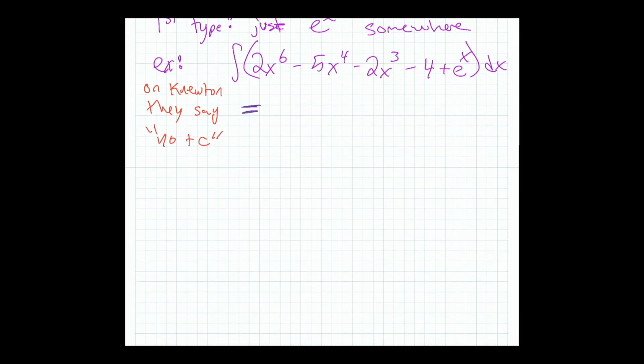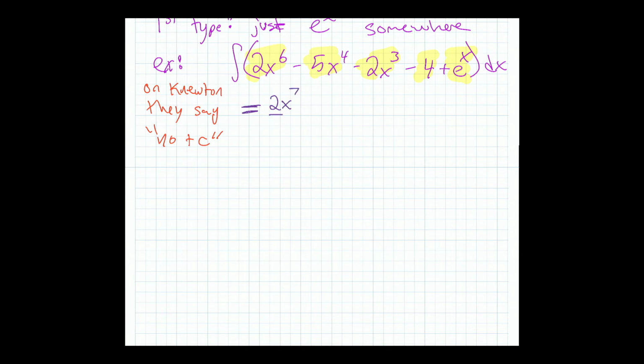All right, so let's do it. We should just be able to write our answer. So all we're doing is, for this, this, this, this, and this, we're just writing separate antiderivatives. So the antiderivative of 2x to the 6th, we already talked about it, it's power rule.